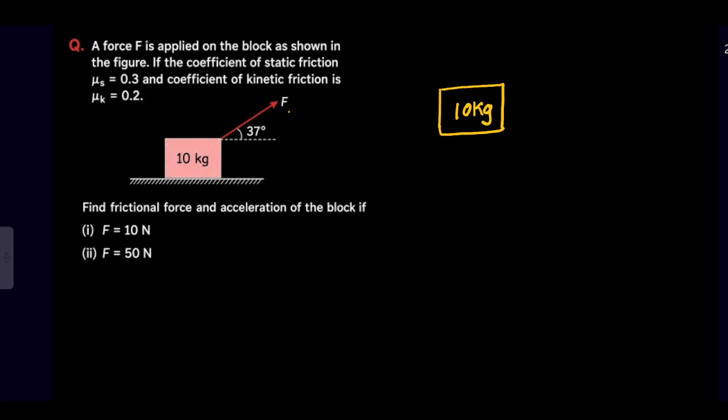Whenever some angle is there, we have to resolve it. So here this is the force we applied, this is F. Now resolve it. And how much is this angle? 37 degrees. Now resolve into components.